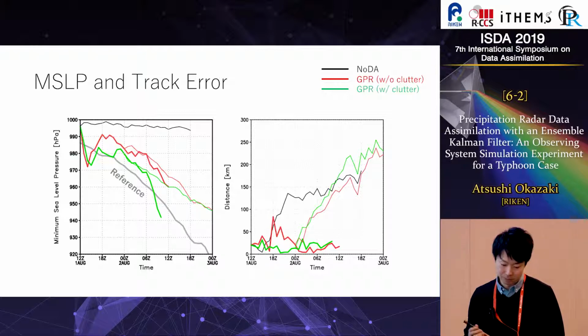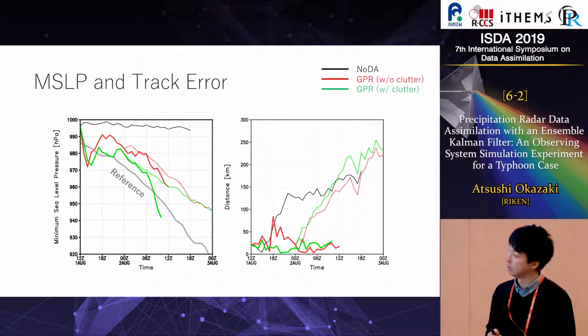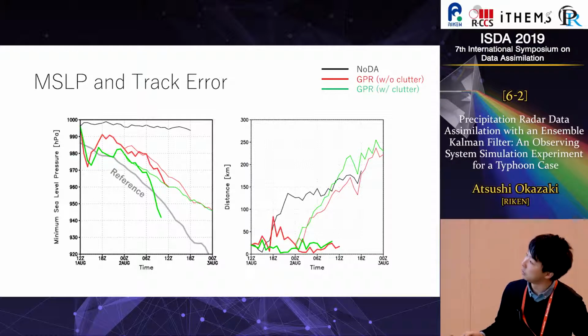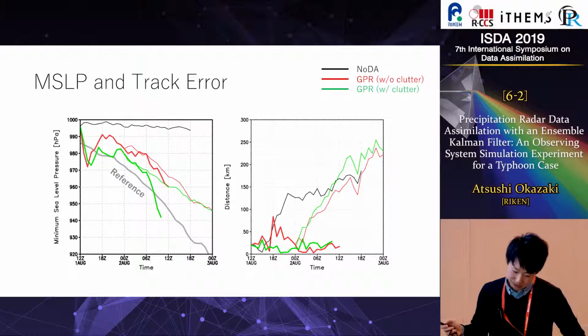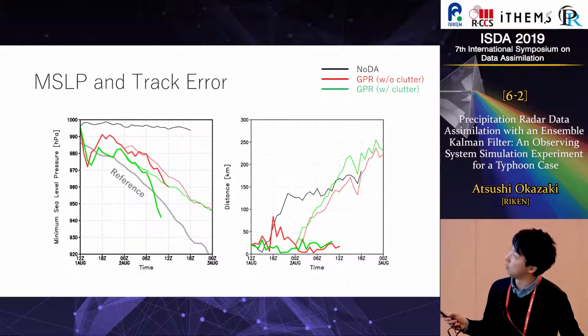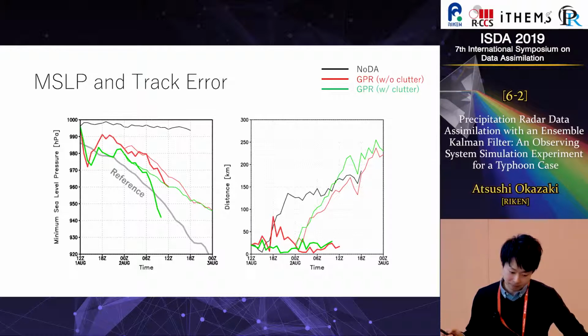So how about the typhoon minimum sea level pressure and its track error? The figure shows minimum sea level pressure and track error for two cases. One is GPR without clutter, and the green line is with clutter. In the case without clutter, none of the observations are contaminated by clutter.